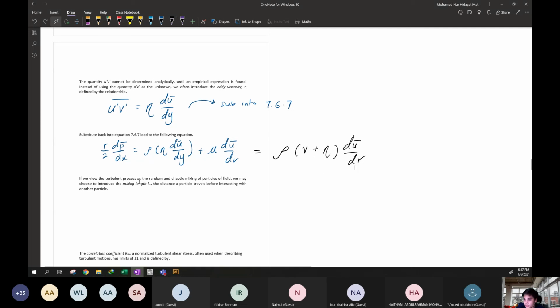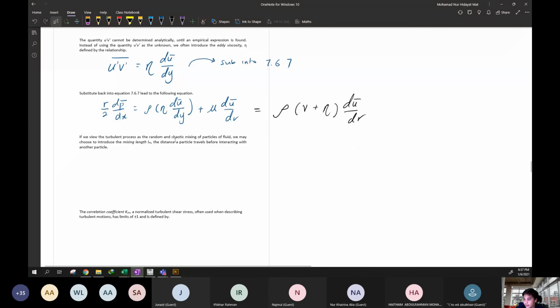In view that the turbulent process is a random and chaotic mixing of fluid particles, we may choose to introduce the mixing length Lm, the distance the particle travels before interacting with another particle. Basically, the eddy viscosity by definition is Lm squared du dy, where Lm is the mixing length.